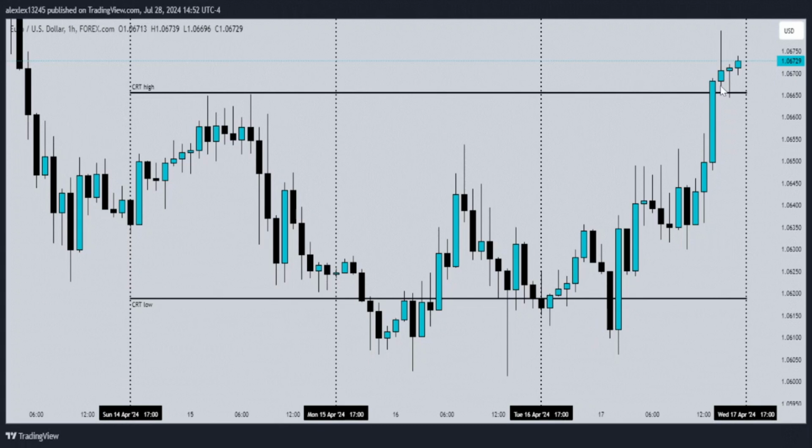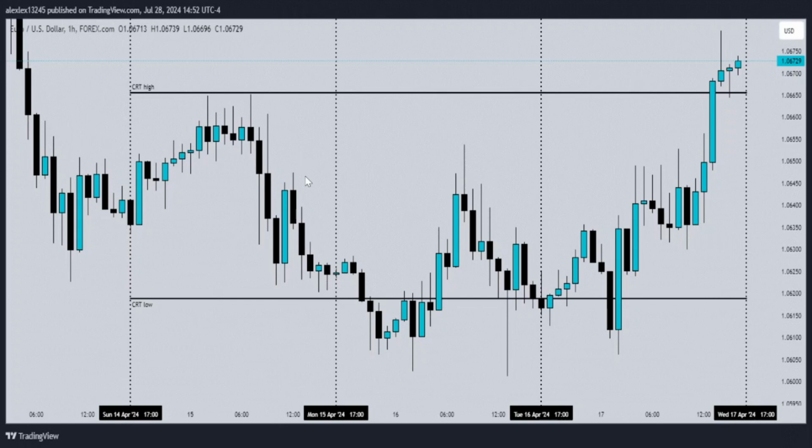So getting a clear direction using CRT is knowing that you're expecting a bull run, a price movement to the upside. It helps in giving you a clear bias, which I've checked really helps traders when it comes to determining a bias.